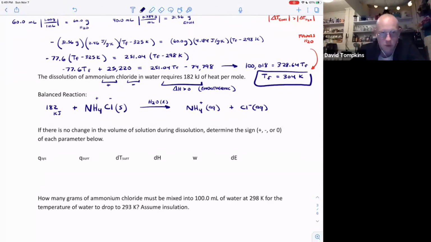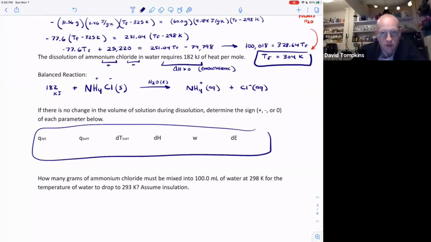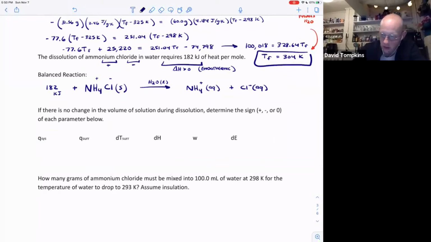Okay, so we want to think about how each of the following thermodynamic parameters will change, whether they will increase, decrease, or stay the same during this process. Now, we're told there's no change in the volume of the solution. So delta V is 0.